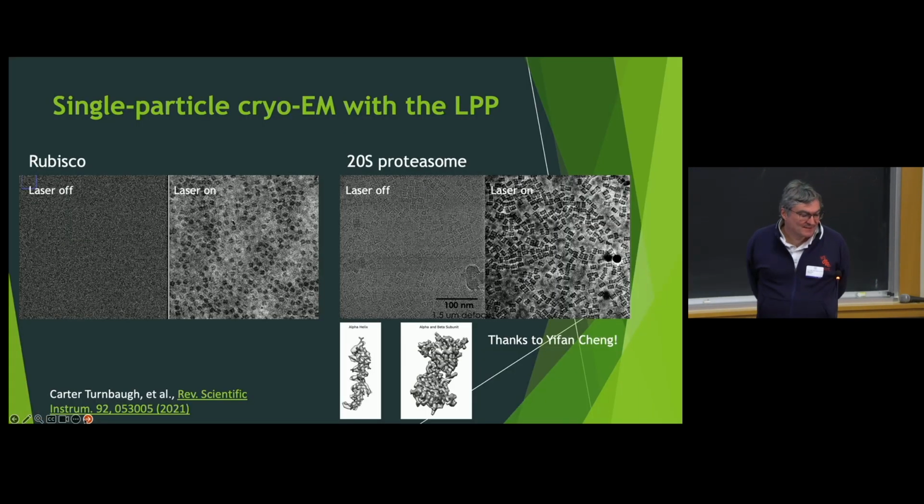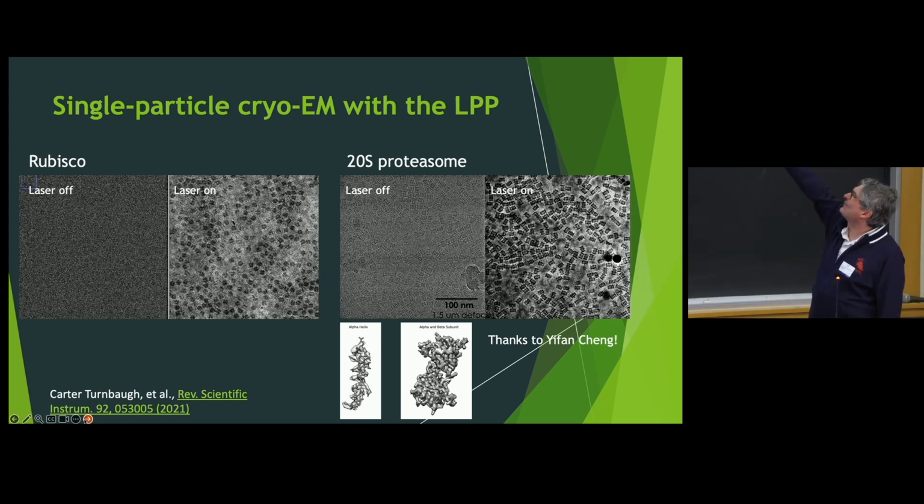A few years ago, we asked Yifan Cheng, who's in the audience here, and he was happy to give us some frozen grids of proteasome particles and of Rubisco, and we took our first really successful phase contrast images that made us extremely happy. We could generate an atomic resolution reconstruction from these images.